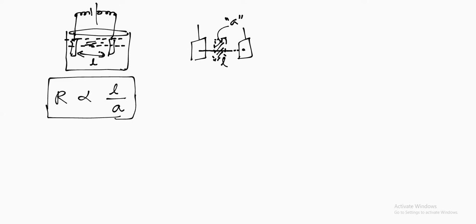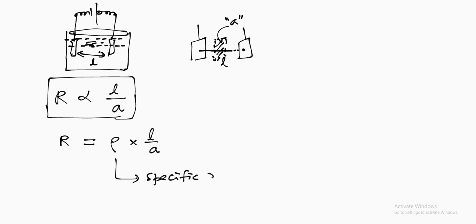If I equate this, then we should introduce a constant. That constant is given a symbol called rho. R is equal to rho into L by A. What is this rho? This rho is nothing but specific resistance.